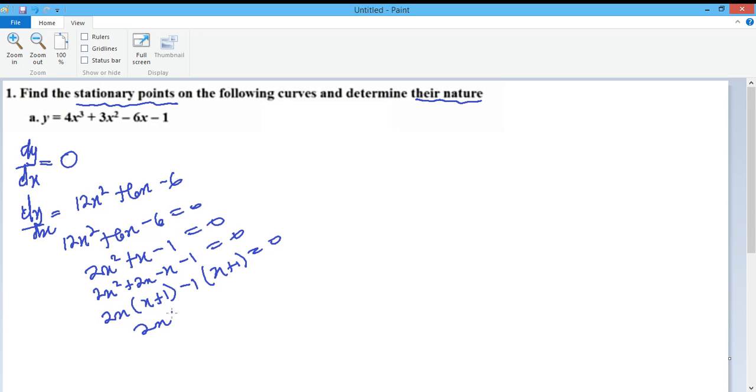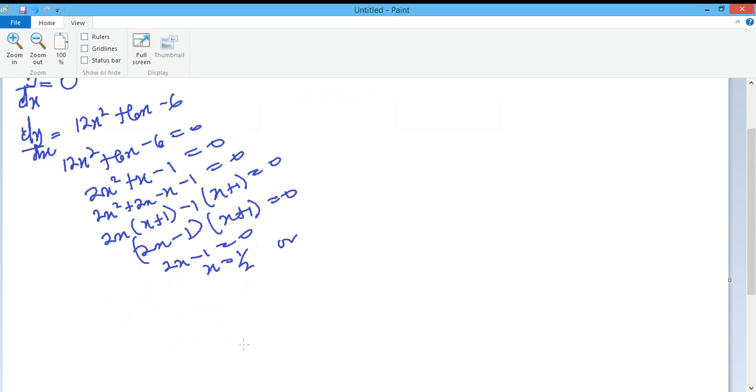So we have (2x minus 1)(x plus 1) is equal to 0. This implies 2x minus 1 is equal to 0, so x is equal to half, or x plus 1 is equal to 0, so x is equal to negative 1.